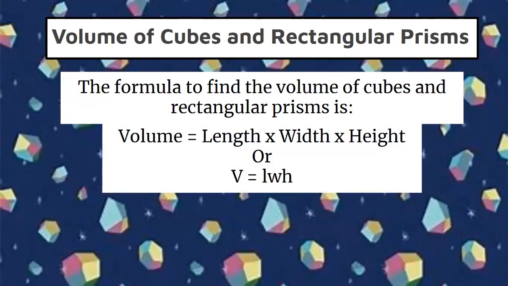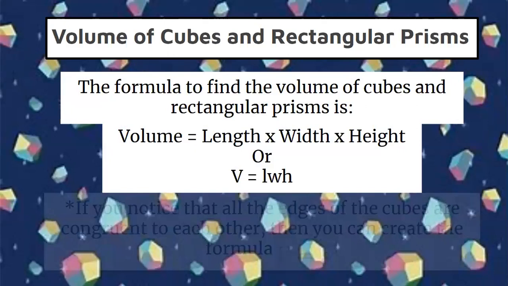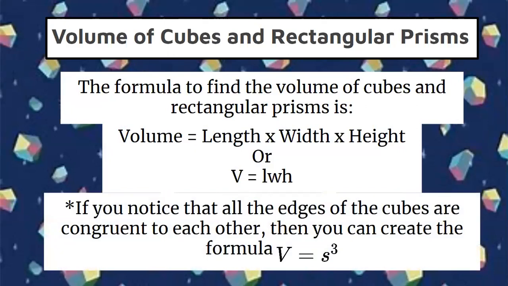Or for short, V equals L times W times H. If you notice that all the edges or the sides of the cubes are congruent to each other, then you can create the formula V equals S cubed.